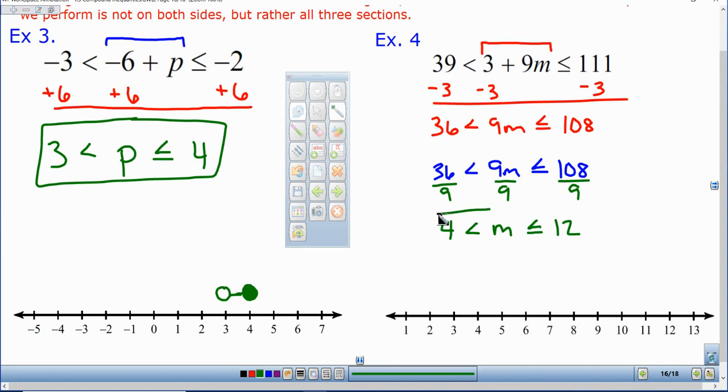Once again, we have our answer the way we would like it, and we go all the way up to 12, and we got to be above 4. So in between there are the answers, and then because 12 actually is a solution, we want to fill that in. So those are the numbers from 4 to 12, including 12, excluding 4, that would satisfy this compound inequality.